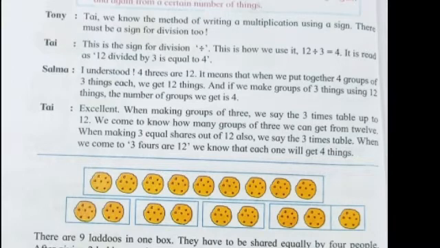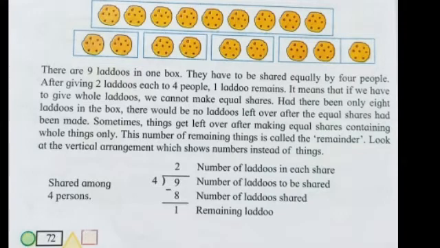When making groups of 3, we say the 3 times table up to 12. We come to know how many groups of 3 we can get from 12. When making 3 equal shares out of 12, also we say the 3 times table. When we come to 3 fours are 12, we know that each one will get 4 things.